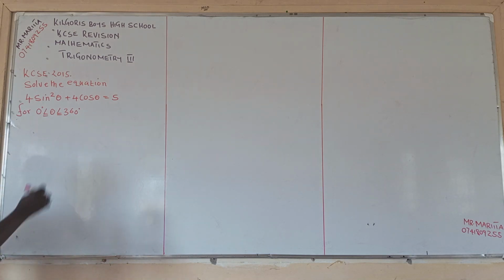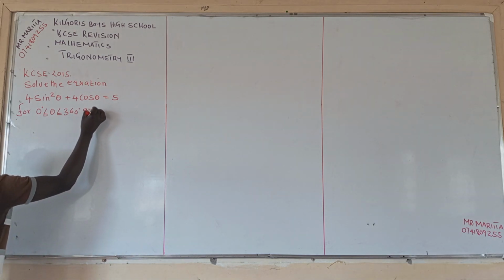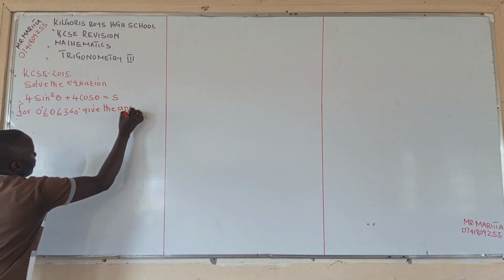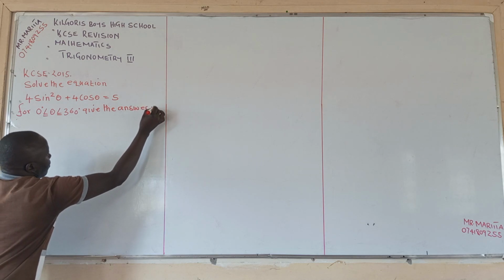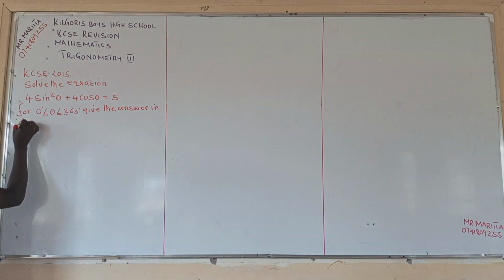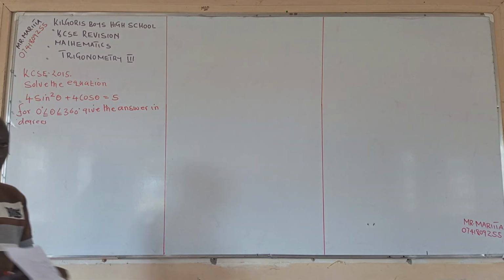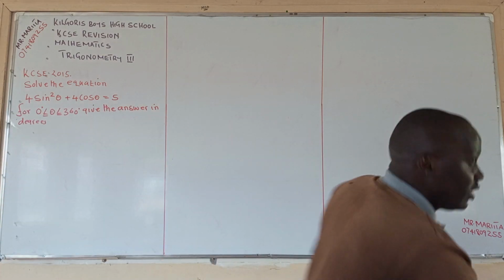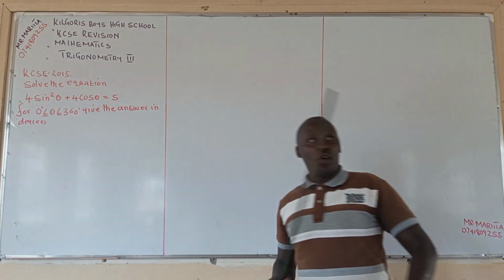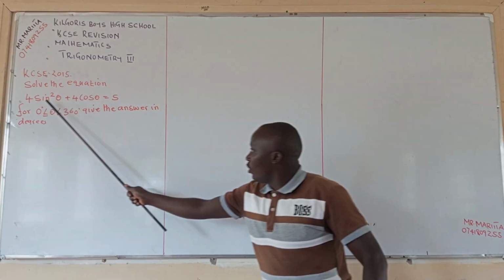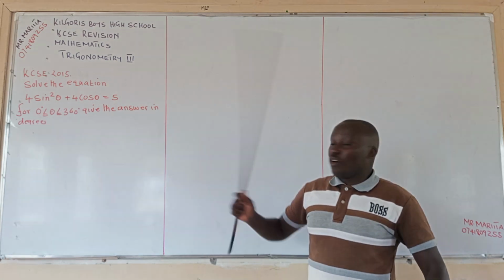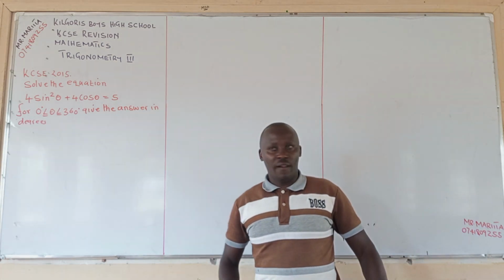Give the answer in degrees. So from this, 4 sine squared theta plus 4 cos theta is equivalent to 5.